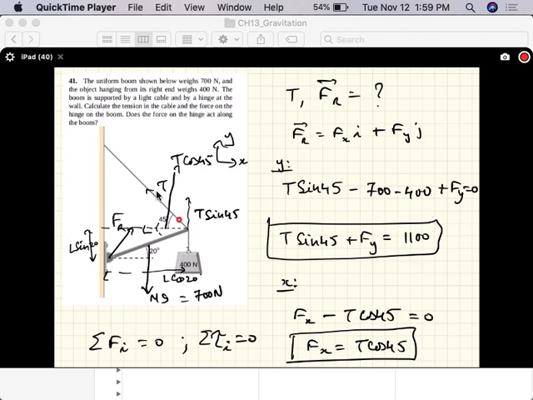Well, now we're concerned about the stretch in this wire. That's what we're concerned about.